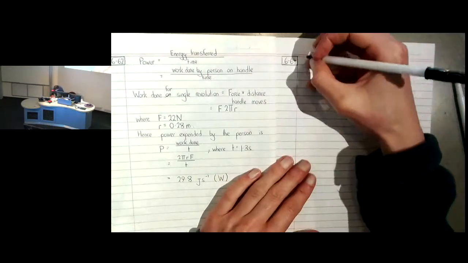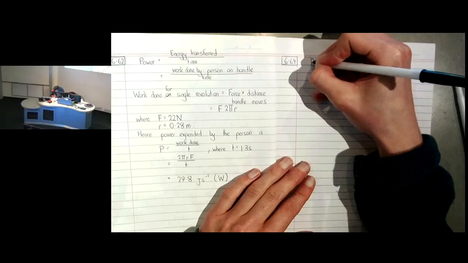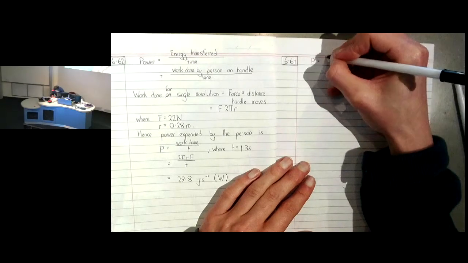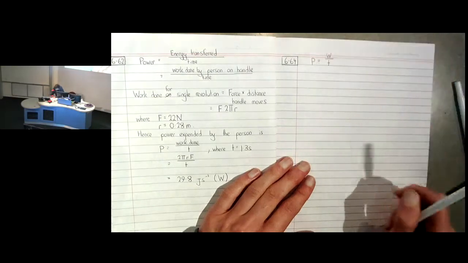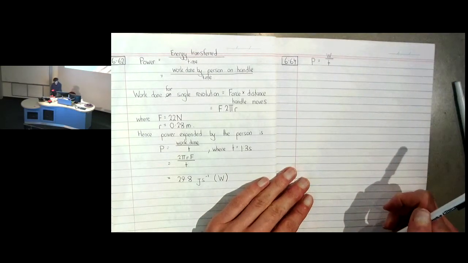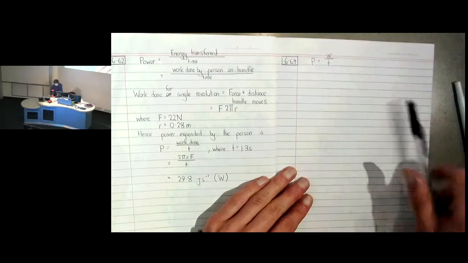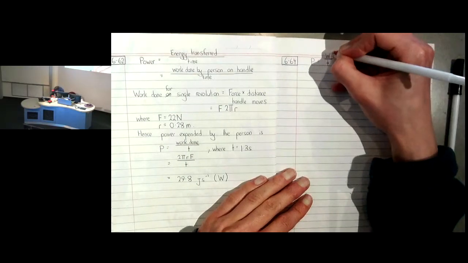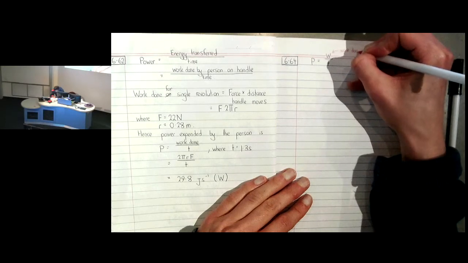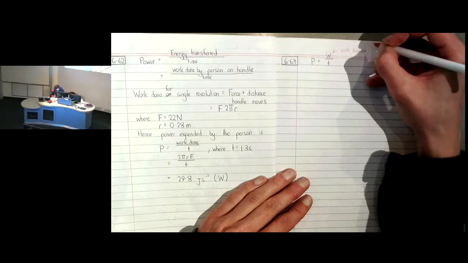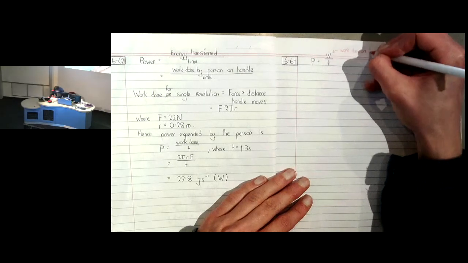So the power that I'm expending will be equal to the work that I'm doing divided by the time over which I'm doing that work. And I know how much work I'm doing: the work done on the rowing bar.